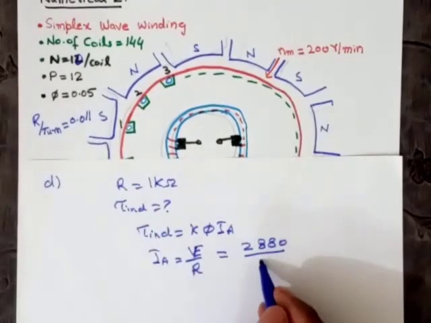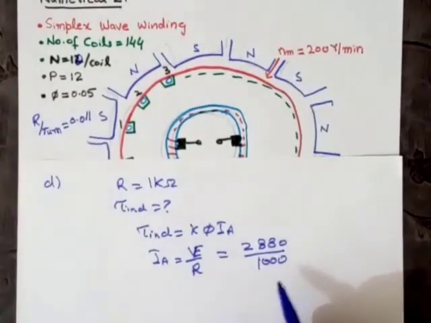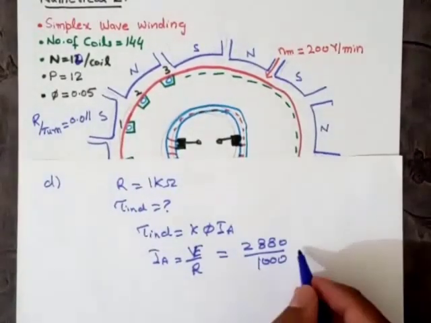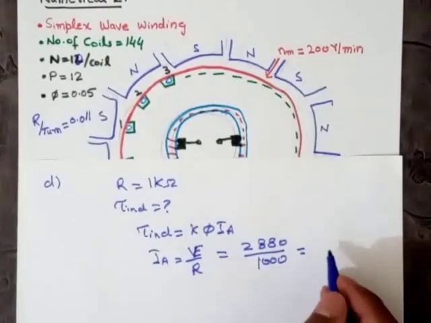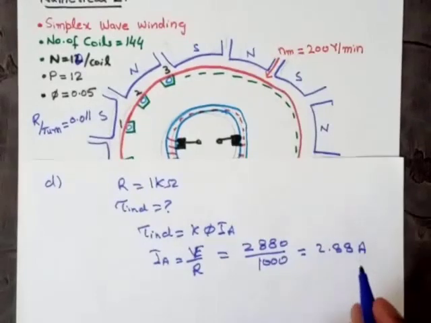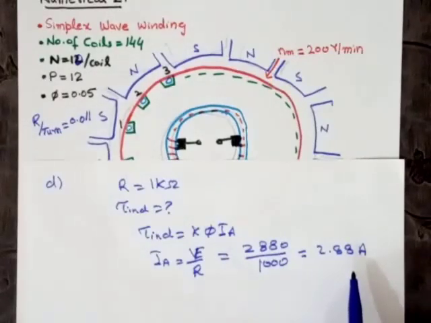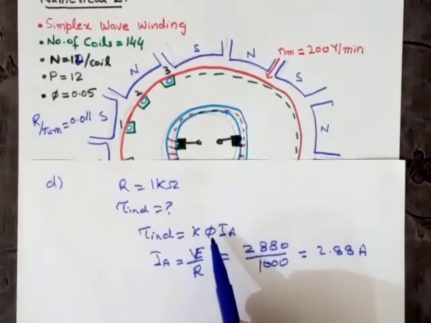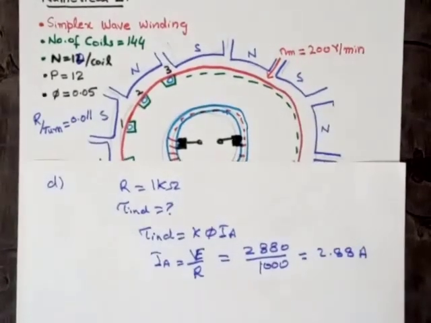Here the resistance is 1000. Dividing 2880 by 1000, we get IA equal to 2.88 ampere. That is, the value of current here is 2.88 ampere.